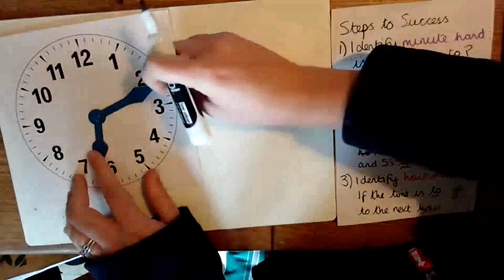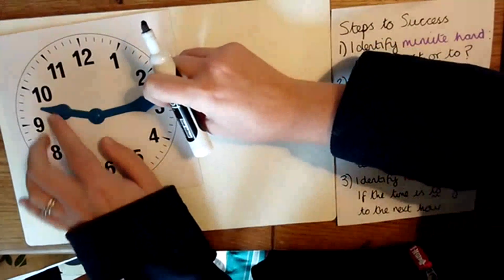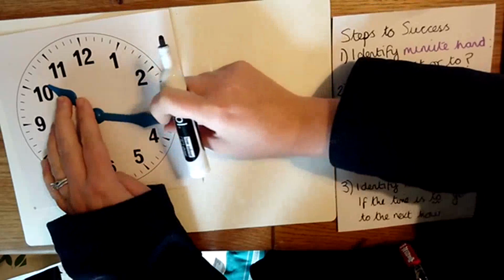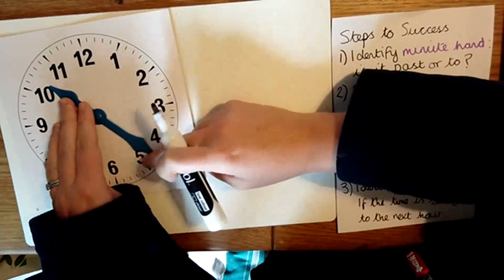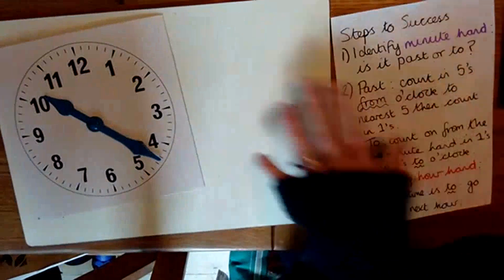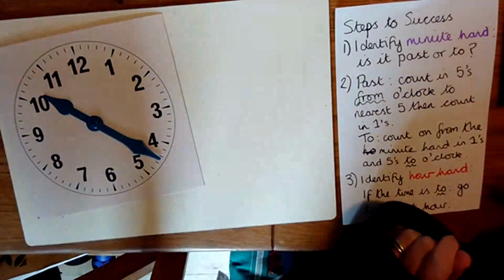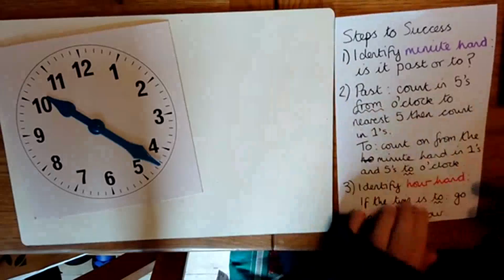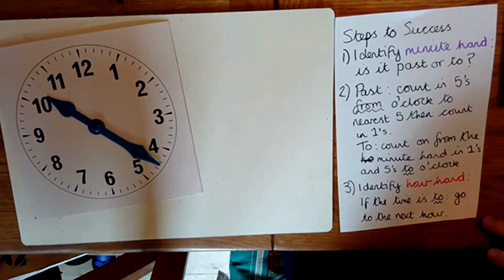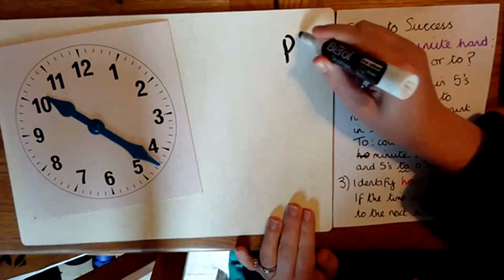I'm going to do another quick one. I'm going to give you a chance to do this one. So you might want to pause or just say the steps aloud with me. Okay, identify the minute hand. Is it past or to? It is past. Well done.